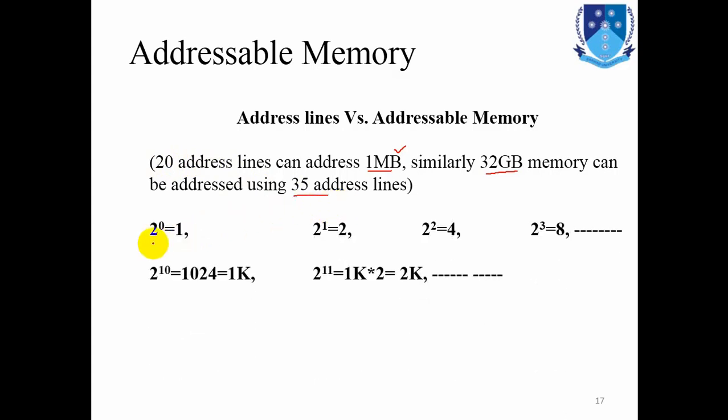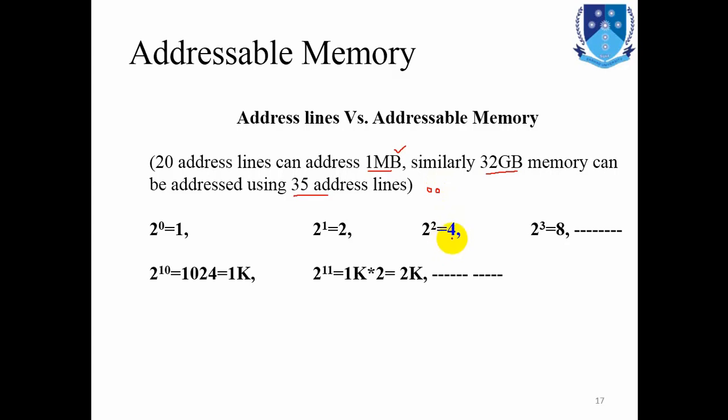So we have the power of 2. You can see that 2 power 0 is representing 1. Similarly, 2 power 1 is representing 2. It means that if we have one binary bit, two combinations are possible. If we double the number of binary bits, meaning we are using 2 binary bits, we have only 4 combinations.